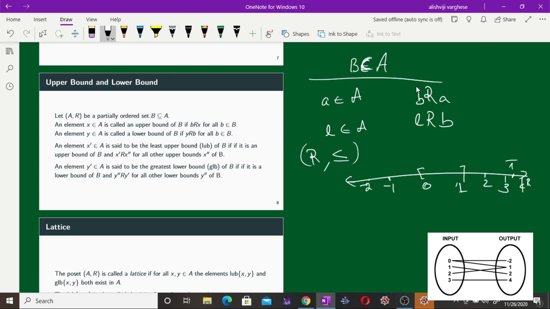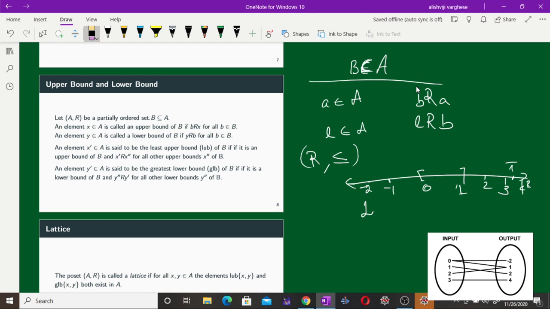All the numbers which are above 2 or 3 are upper bounds. So there are infinitely many upper bounds and infinitely many lower bounds, and we are not interested in a property which is satisfied by infinitely many elements. So if there are infinitely many upper bounds, what about the least upper bound? Or there are infinitely many lower bounds, and what about the greatest lower bound?